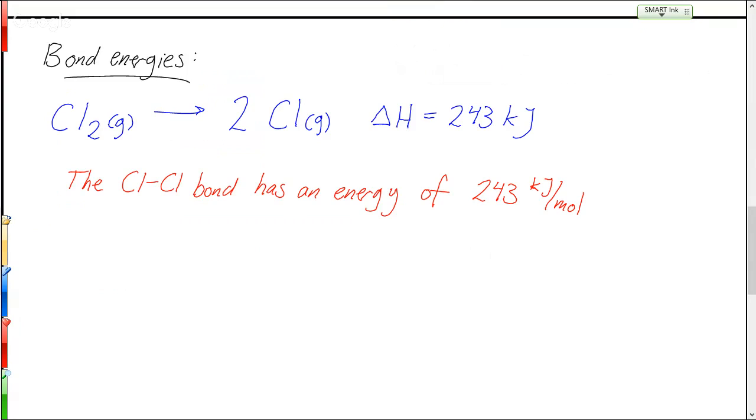So every mole of chlorine-chlorine bonds takes 243 kilojoules of energy to break it apart. And similarly, if you do the reverse reaction, you're going to release that much energy. So you're going to release 243 kilojoules per mole of energy.